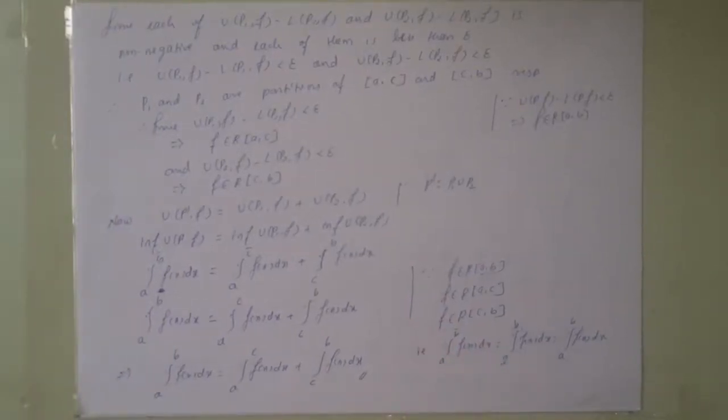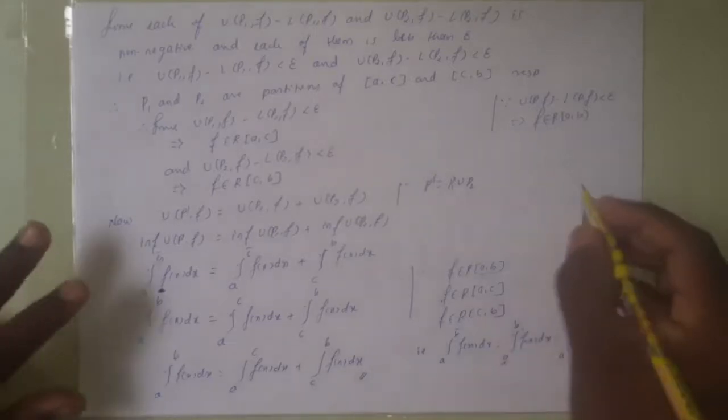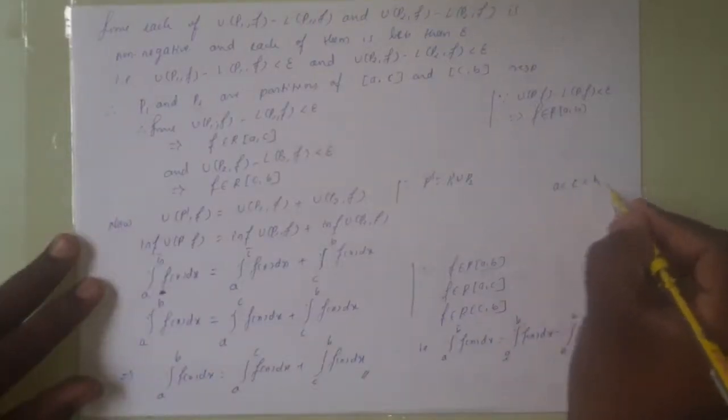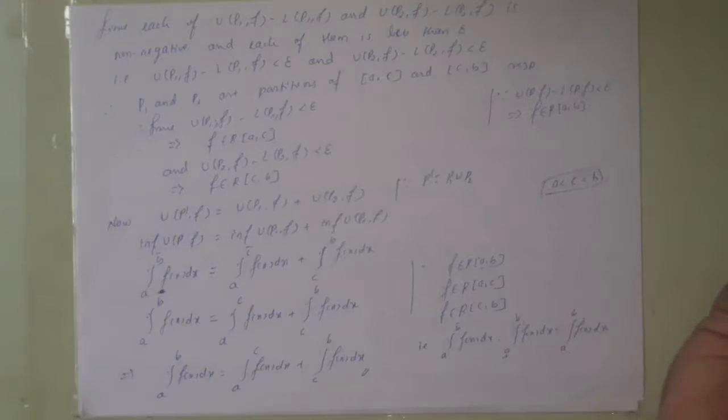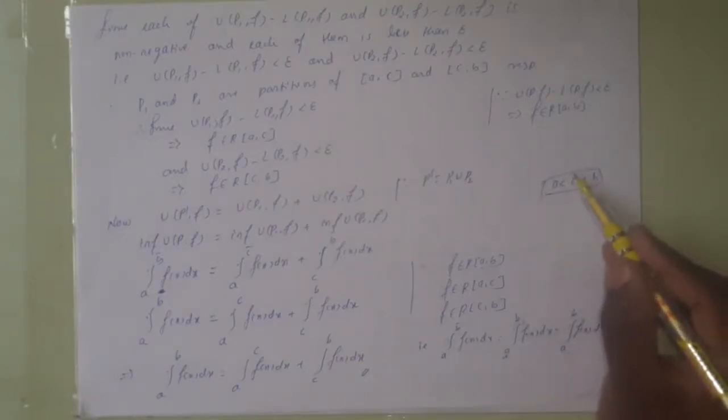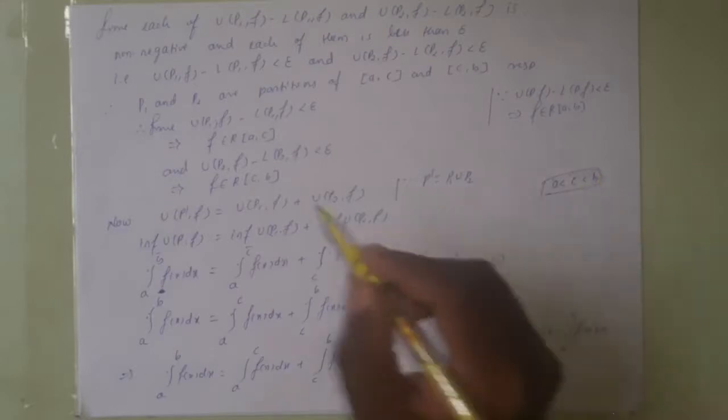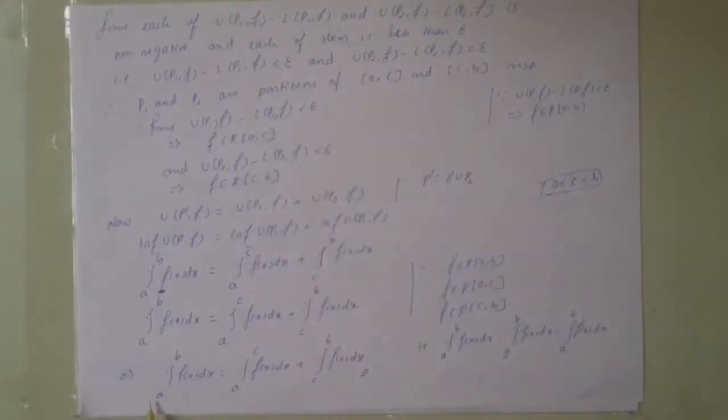So, here we have proved that if c is a point in the closed interval AB satisfying the condition that a less than c less than b, then we can say that f is Riemann integrable on the interval AC, then on the interval CB, that we have proved, and also that integration over a to b f of x dx is equal to integration over a to c f of x dx plus integration over c to b f of x dx. So, hence the theorem is proved.